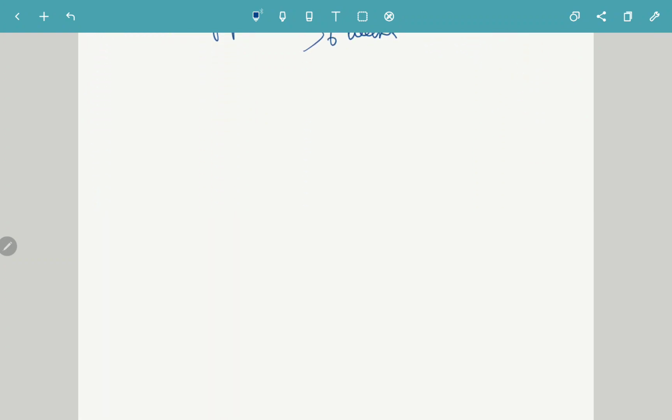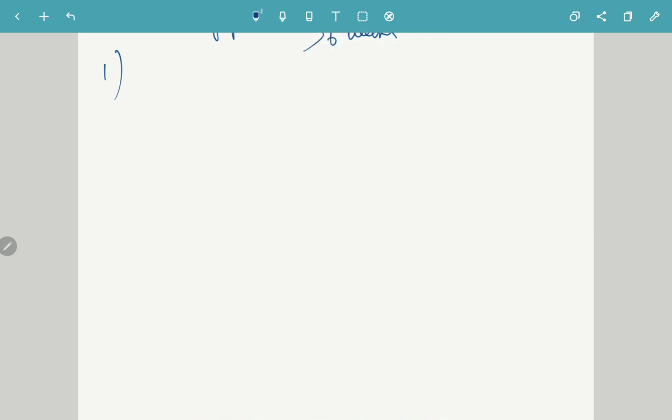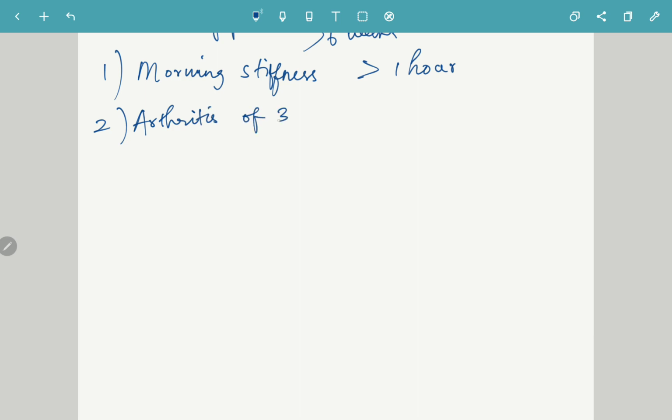Now there's another revised criteria which says that the following must be noted in rheumatoid arthritis. There are certain symptoms such as morning stiffness. Morning stiffness lasting for more than 1 hour is one criterion, and arthritis of 3 or more joints is another criterion, especially which joints?